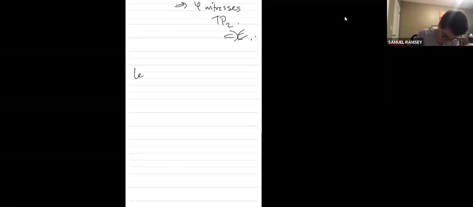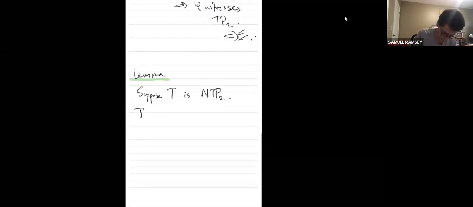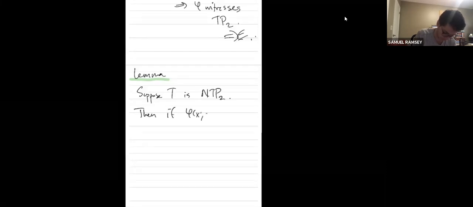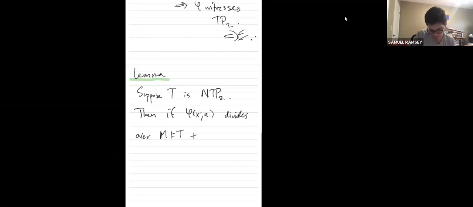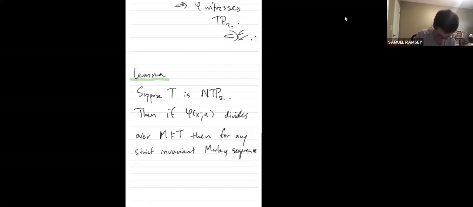Okay, so lemma. Suppose T is in NTP2. Then if phi(x, a) divides over a model M of your theory, then for any strict invariant Morley sequence, a bar, which is (a_i), i less than omega, over M, phi(x, a_i), i less than omega, is inconsistent.